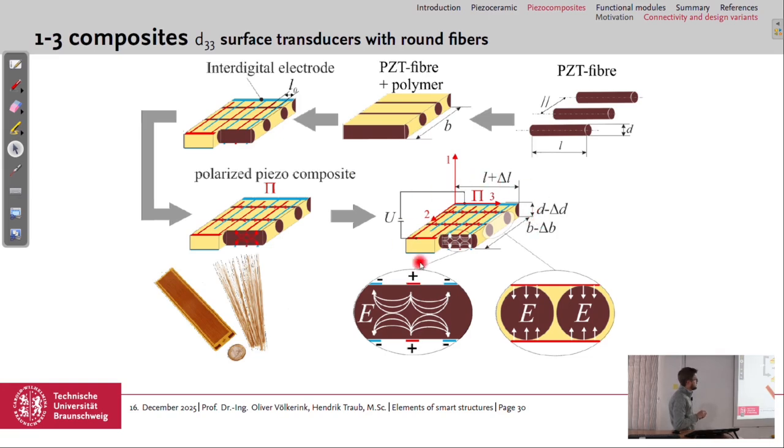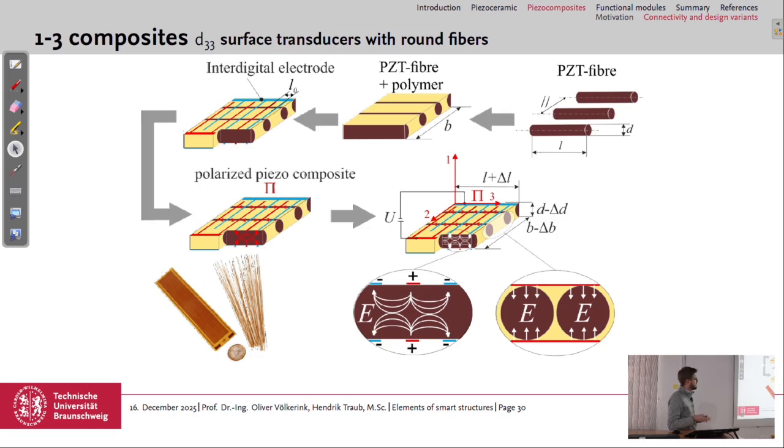So which effect are we using here? Yeah, it's the D33 effect, because the field is now in this direction, and we also use the elongation of the fibers in this direction.